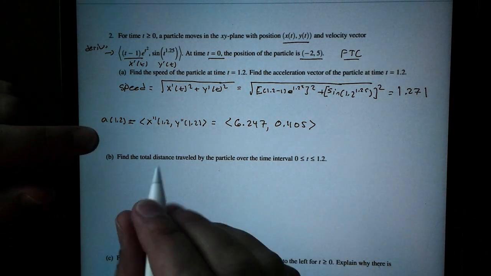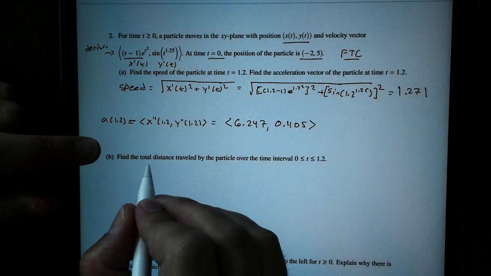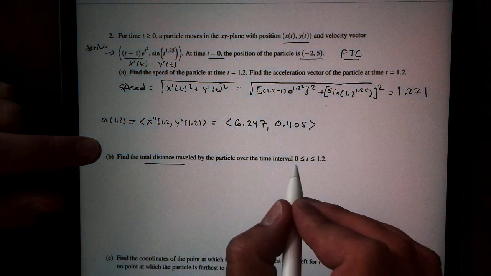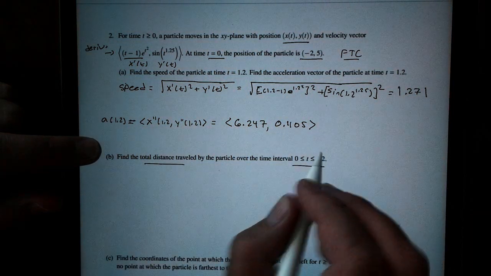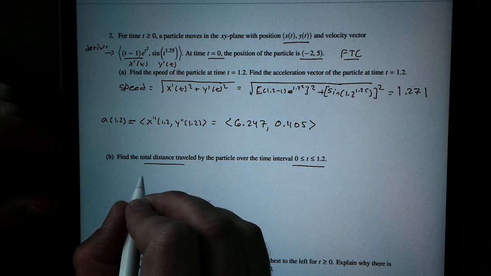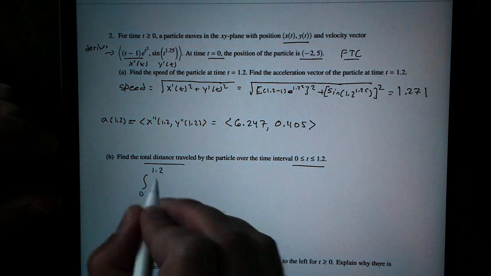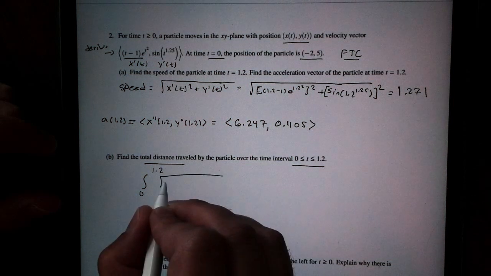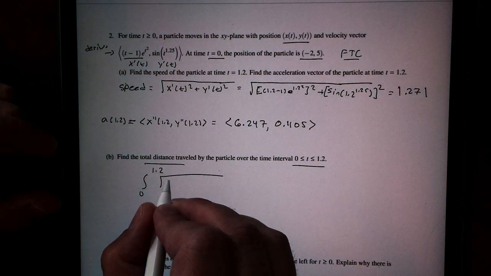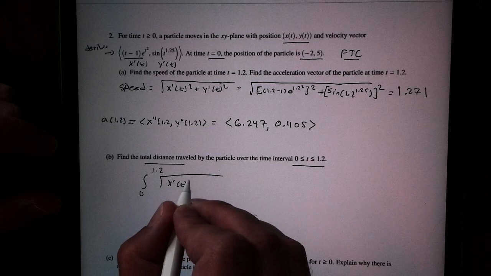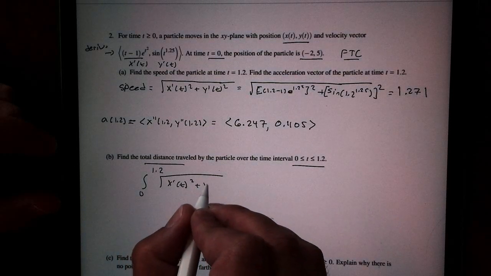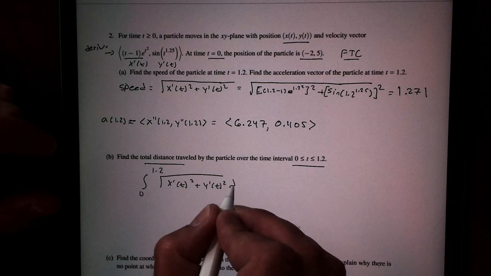Part B says, find the total distance that the particle travels between 0 and 1.2. Well, that's just our integral, total distance from 0 to 1.2, the square root of x prime of t squared plus y prime of t squared dt.